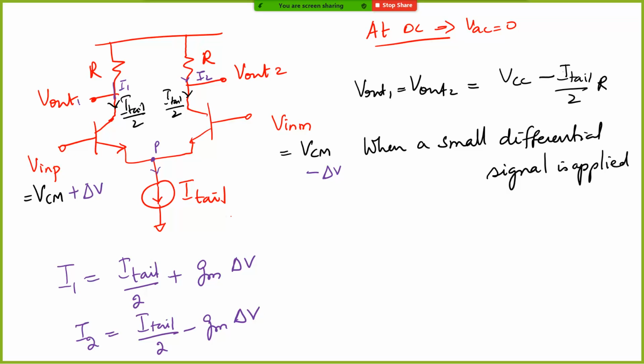Now what is Vout 1? Let's say delta Vout 1. Vout 1 equal to Vout 2 is equal to VCC minus I tail by 2 into R. Now what is the change you can expect in Vout 1? Because more current is being pulled, it becomes minus GM times delta V times R. And what is delta Vout 2?